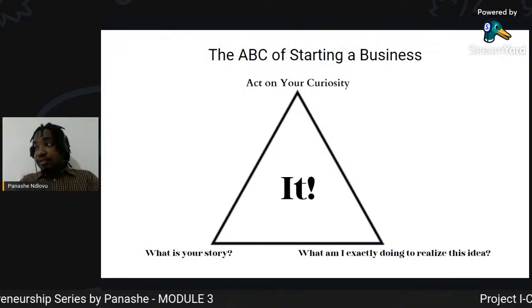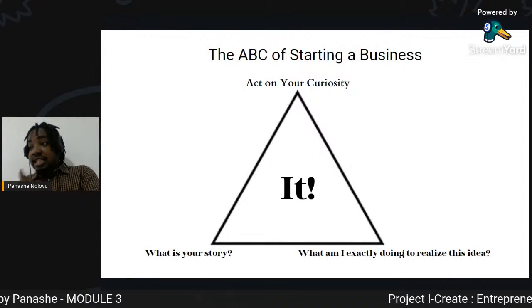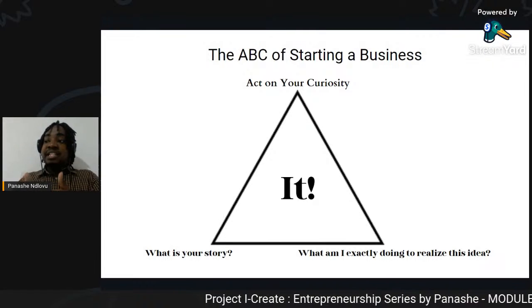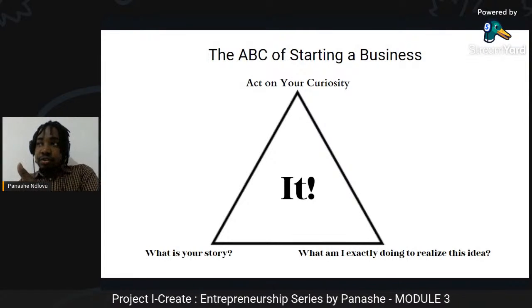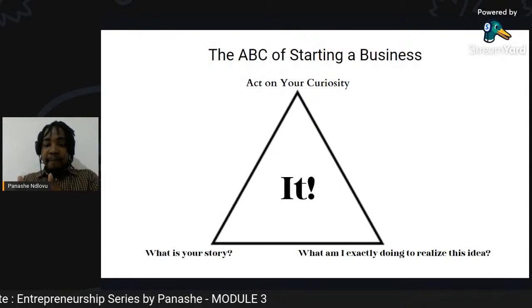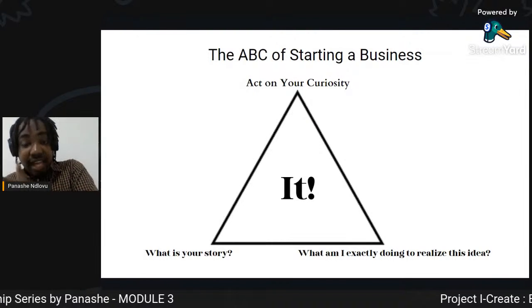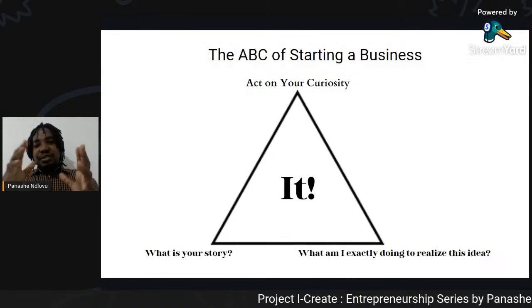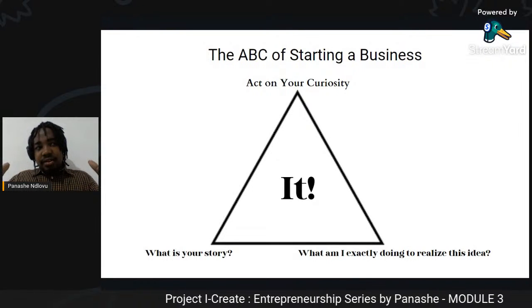Some of them were not revolutionary ideas, but they were successful in delivering on the value that they had committed to, delivering on their promise, making them a successful entity, right? So this is something that we've established.